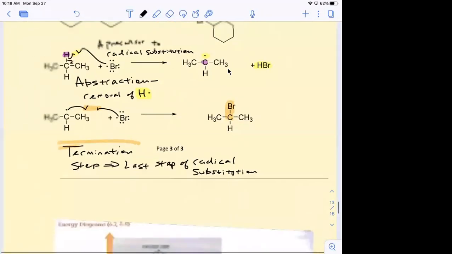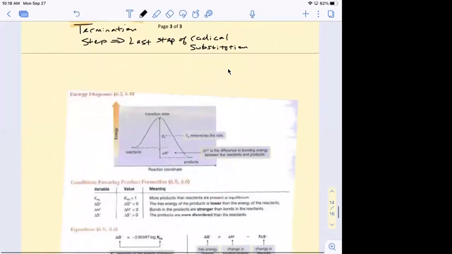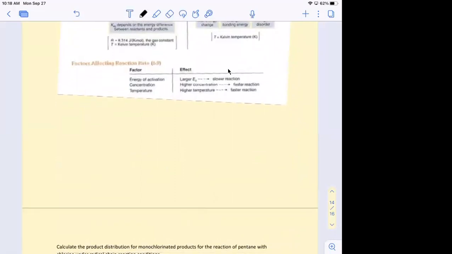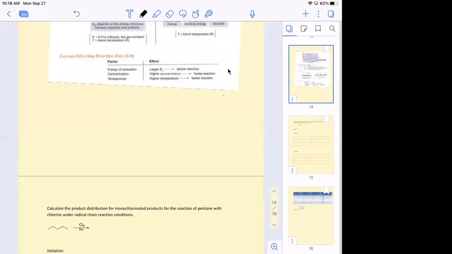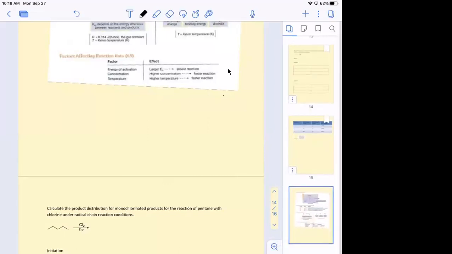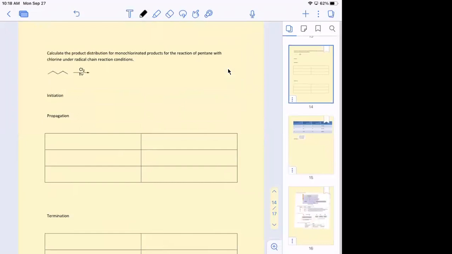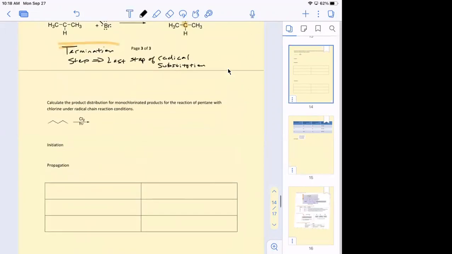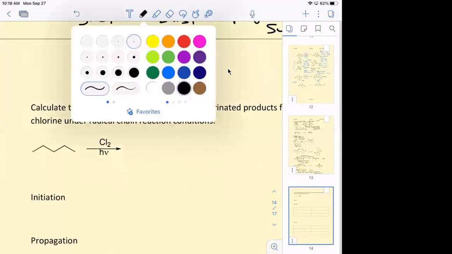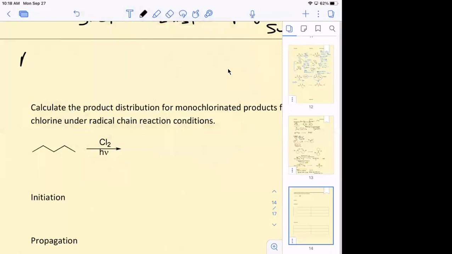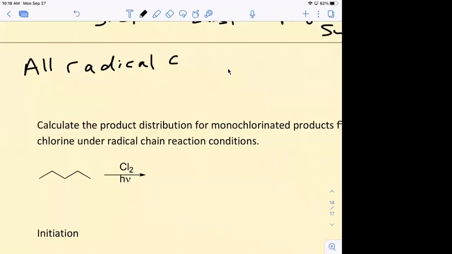All right. So again, with these radical reactions, what you have is three steps. Every radical reaction is going to go through an initiation step. Well, not every radical reaction, but every radical chain reaction. There are some radical reactions that don't follow the chain reaction mechanism.